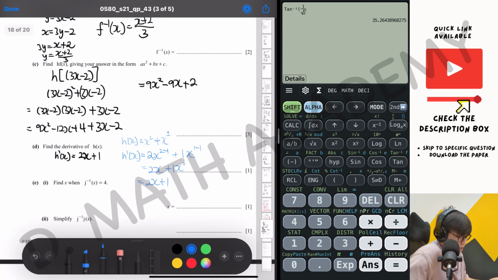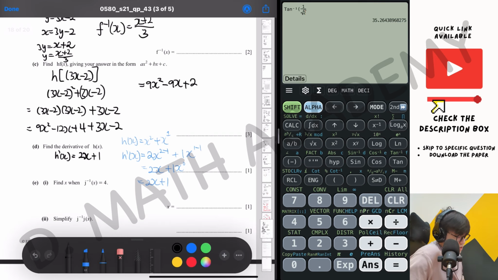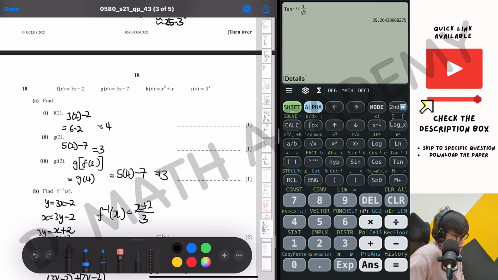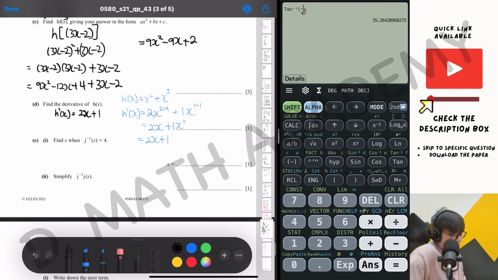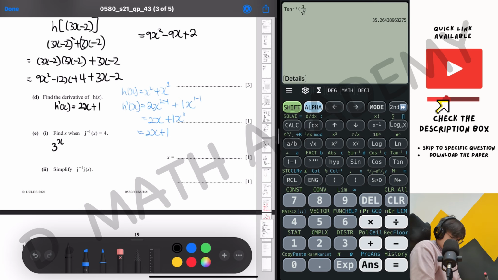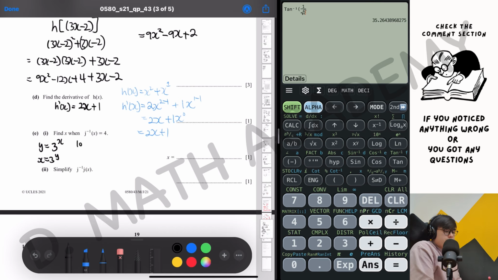And then they were asking you to find j inverse here. j(x) is actually 3 to the power of x. So swap them up, and rearrange it using logarithm, log with a base of 3, and then you will have your x equals to your y.